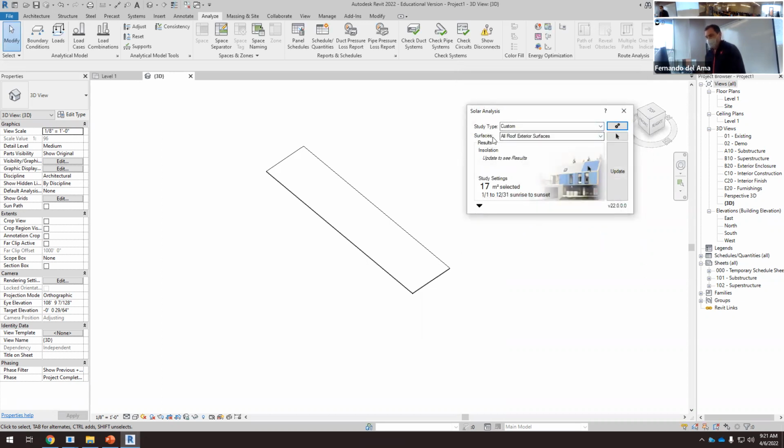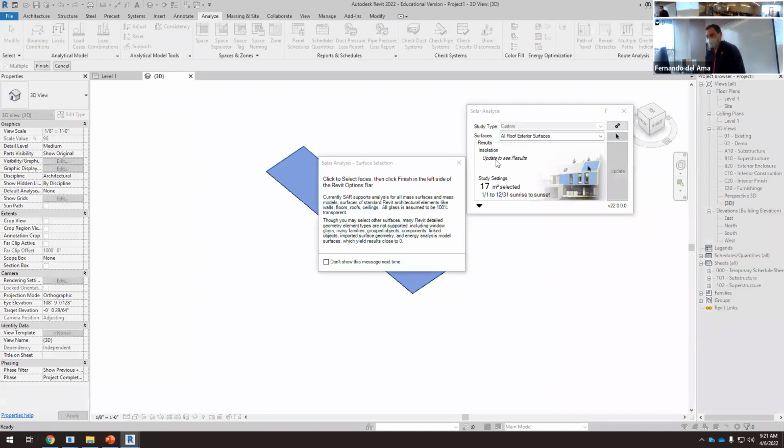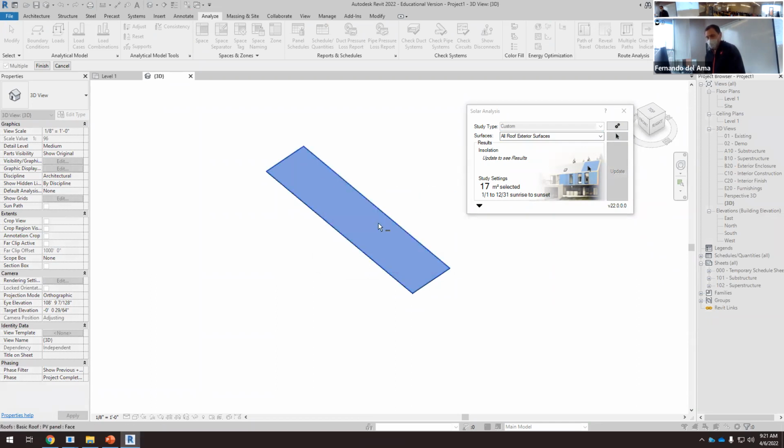Now the surface, we can select all roof or all mass surfaces, but I'm going to select my surface. So you can click on that arrow. And by default, we only have this, so that's the only surface that we have to select. But remember that we have to click Finish here. If we don't click Finish, we cannot do anything else.